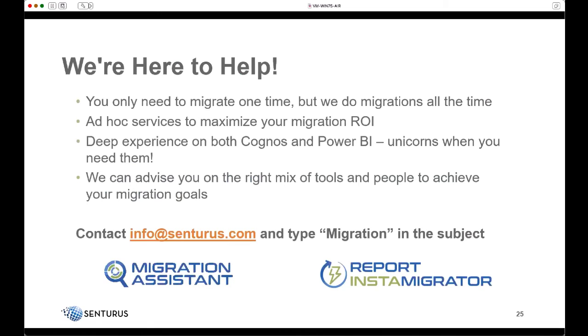We can help just in an advisory capacity to figure out what is the best way to tackle your migration. We offer ad hoc services to maximize the ROI on your migration, and we have deep experience on both sides of this fence. So if you need a unicorn who knows Cognos and Power BI, we've got them when you need them, and we can advise you on the best mix of tools and people to get your migration done and done successfully.